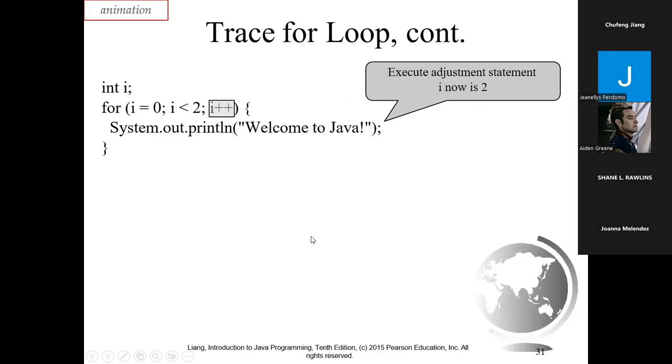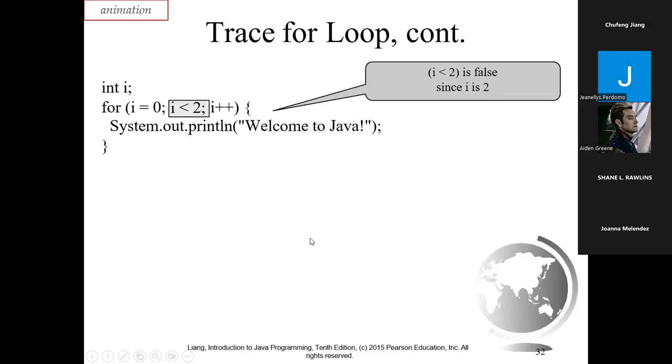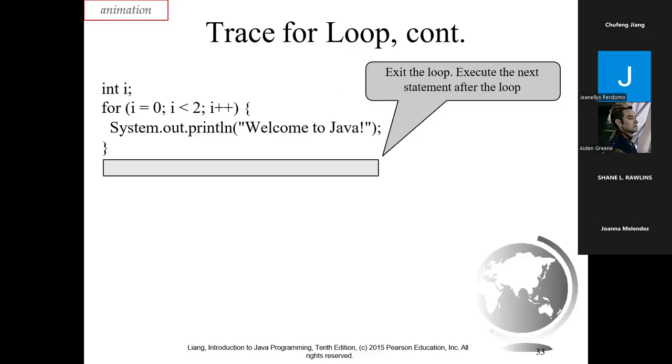Now i is 2. Then we go back and compare it with 2. Now i < 2 is false because i currently is 2. So in this case, we no longer execute the loop body, and we get out of the loop and execute the next statement after the loop.